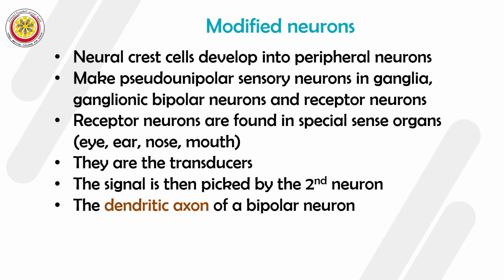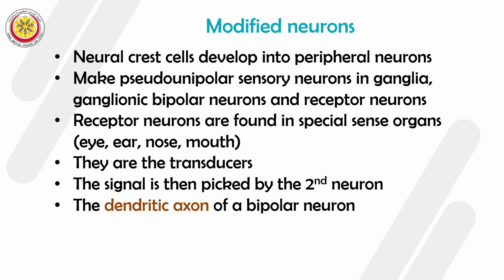Now, you see why this is in red? The dendritic axon of a bipolar neuron. We have a bipolar neuron which has two axons. One of them is dendritic in nature, physiologically speaking. Even structurally, it has more nerve endings. It's a dendritic axon, and we have another one which is the axon, which goes central.